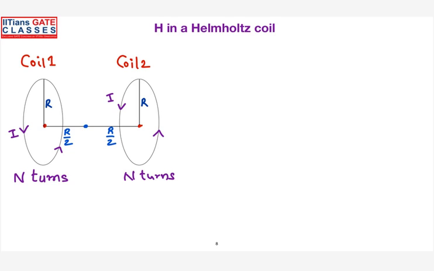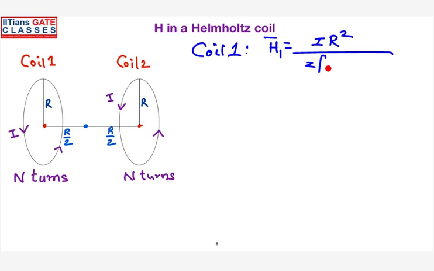Now first what we need to see here is to find the magnetic field intensity at the center of the two coils. So you can consider first the field due to coil 1, the same as the previous equation I gave. Due to a circular ring, you know that H = I R square by 2 into (R square plus Z square) whole power 3 by 2. This is the same magnetic field due to coil 2 also.